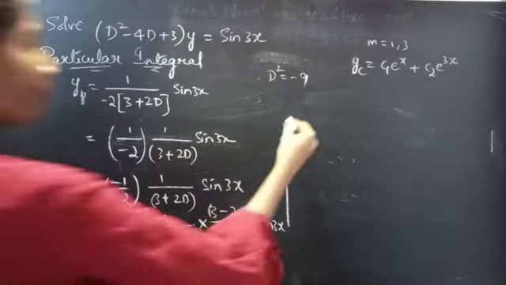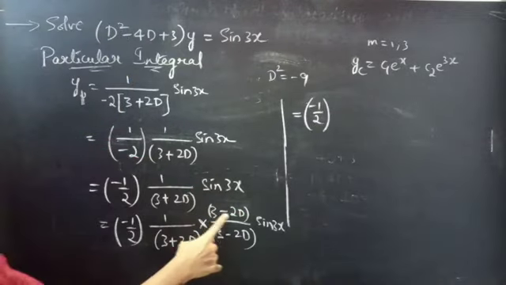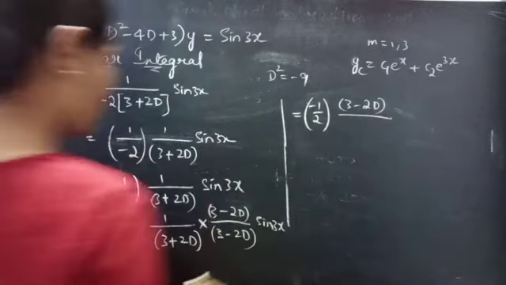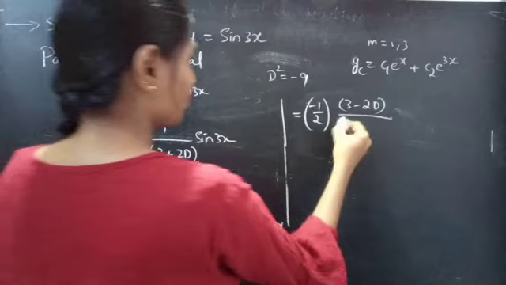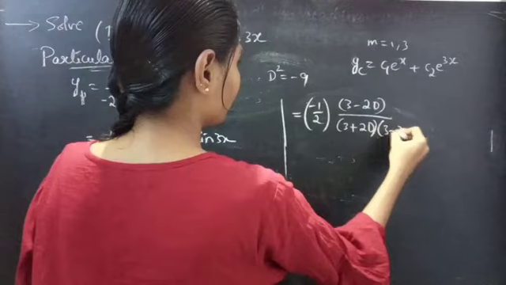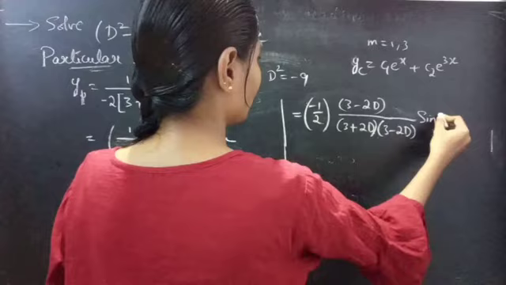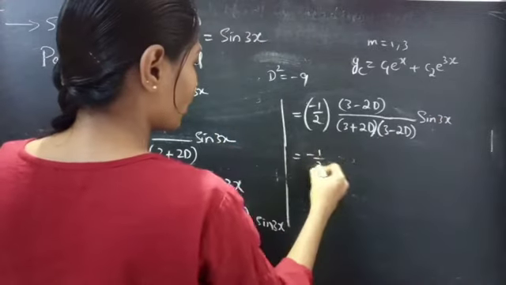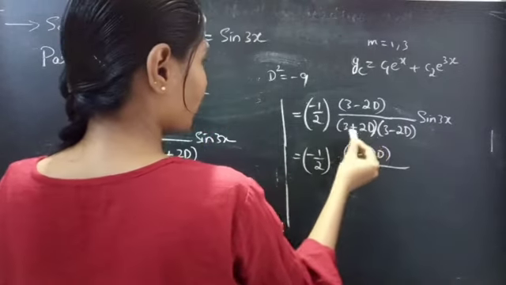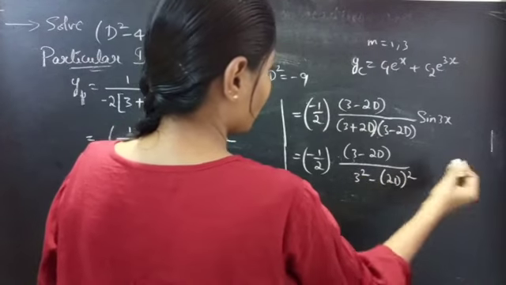This is equal to minus 1 by 2 into 1 into 3 minus 2D is 3 minus 2D by 3 plus 2D into 3 minus 2D into sine 3x. This is equal to minus 1 by 2 into 3 minus 2D by, here the denominator is of the form a plus b into a minus b, which is a squared minus b squared, right?